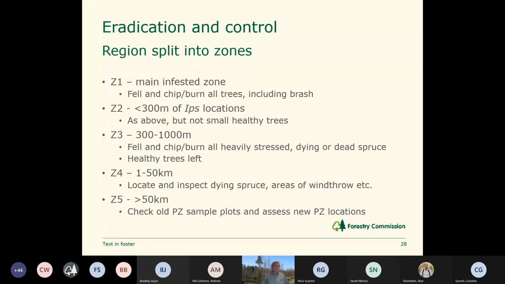There was a series of ongoing surveillance surveys. On the main infested zone, the materials were felled, chipped on site, all the brash was burnt on site, all the stumps were lowered and burnt on site, and there was an endeavour to rake up and burn all the litter layer, because as I mentioned, the insect can overwinter in the litter layer in huge numbers.